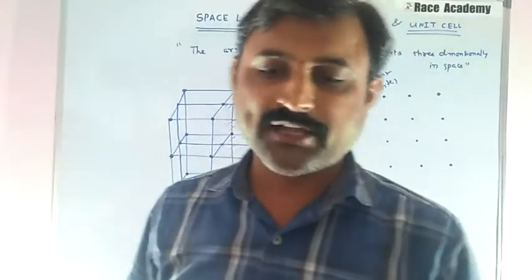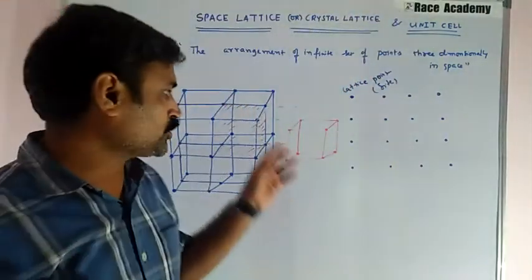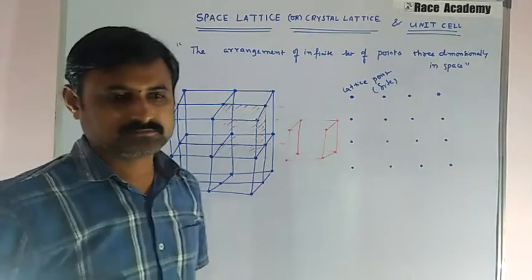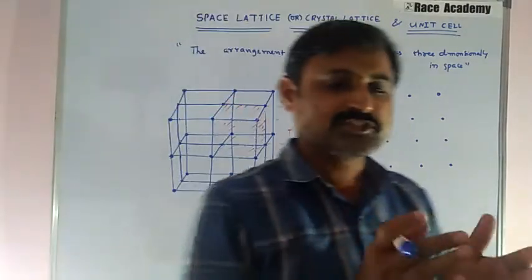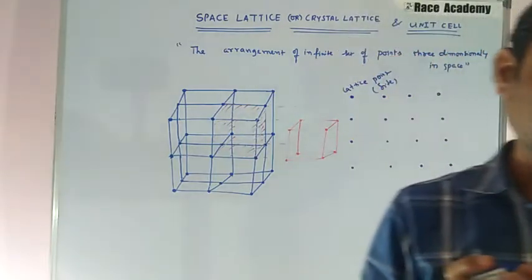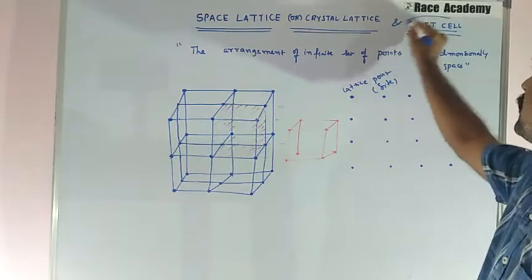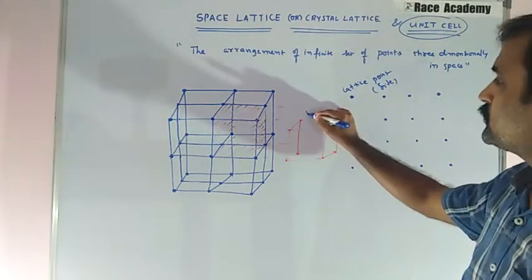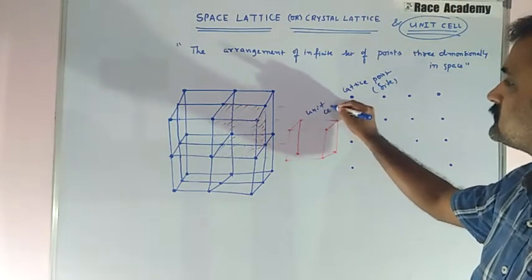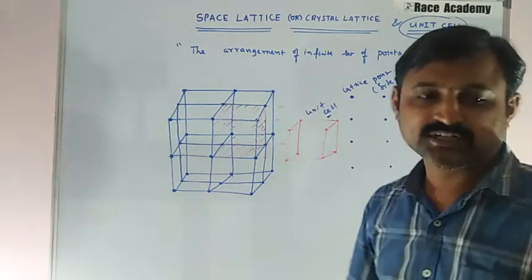Now, coming to this information, a small shaded portion, a small three-dimensional portion, can also be called a unit cell. That is called a unit cell.